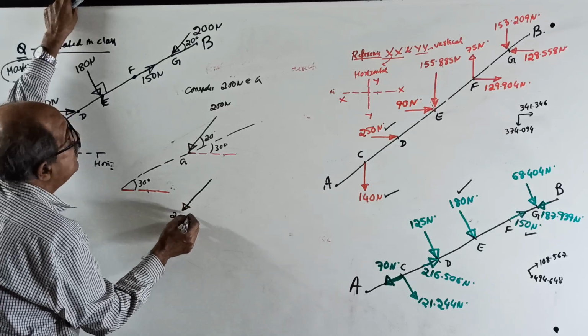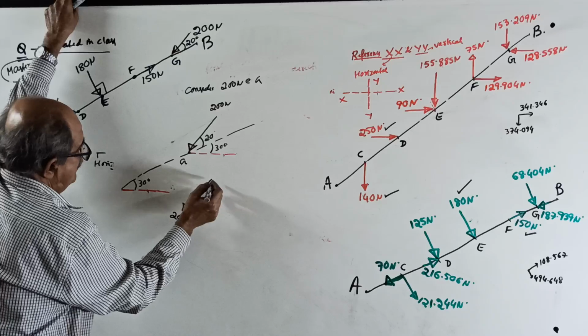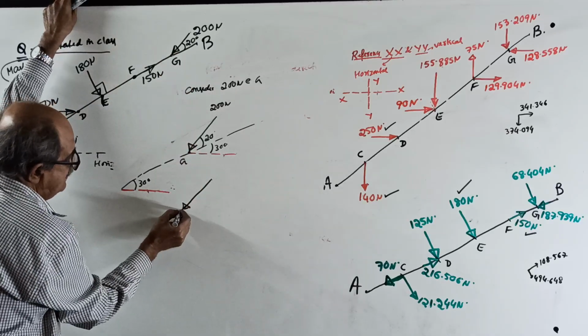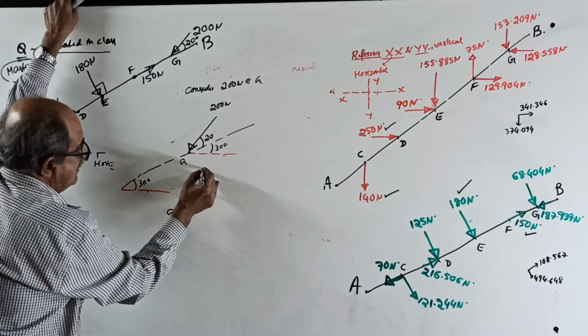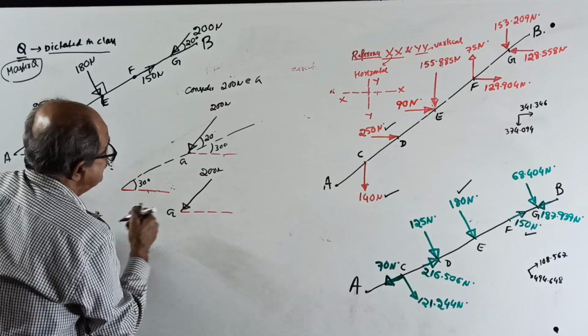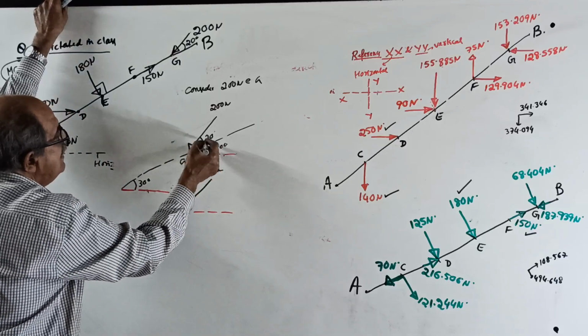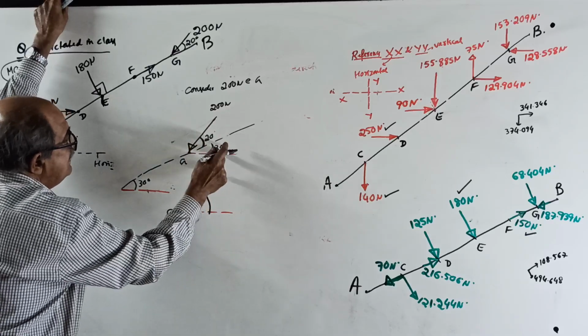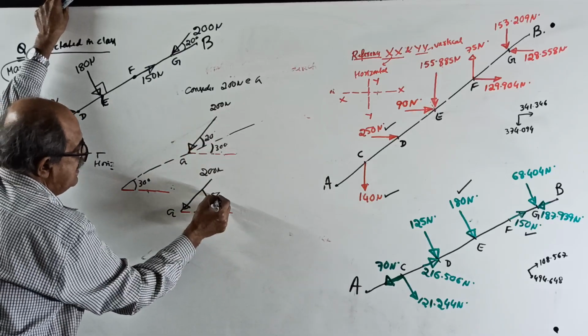Therefore, consider the 200 Newton force at the point G. It makes an angle of 20 with this axis and this is 30, so with the horizontal it makes 30 plus 20, which is 50 degrees.